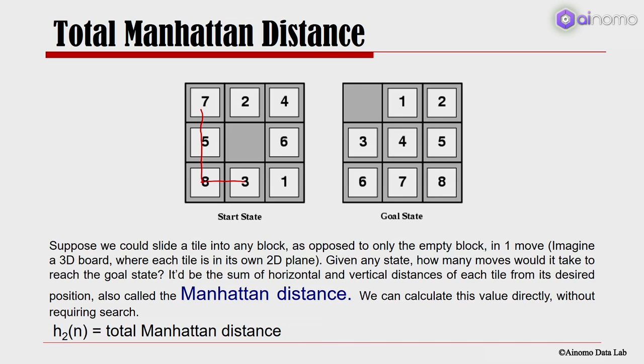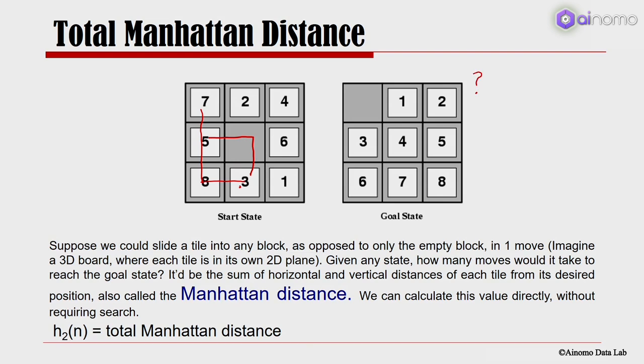For that matter, 3 can go from here via this to this. So suppose we can slide a tile into any block as opposed to only the empty block. And given any state, the question is how many moves I would need to come to the goal state.